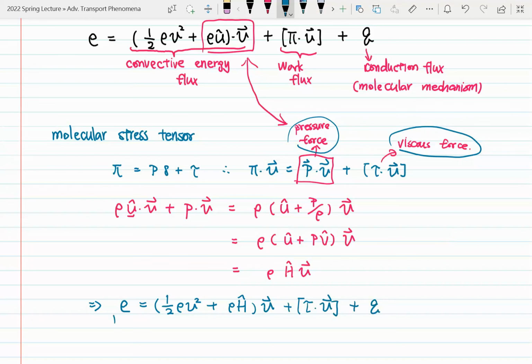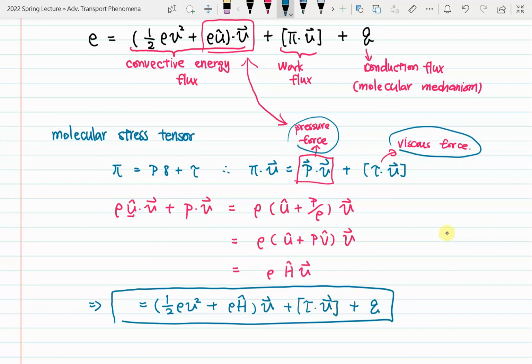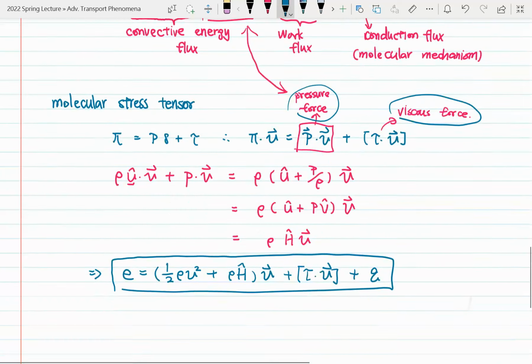Okay, and this is quite an important conclusion here. Let's rewrite the E so it doesn't look like a rho.